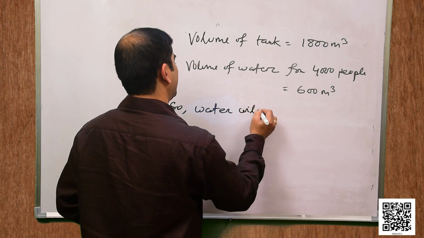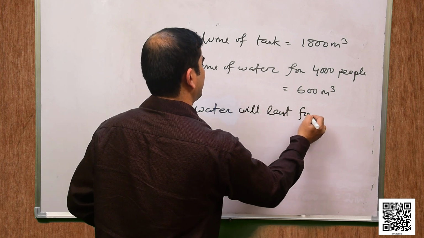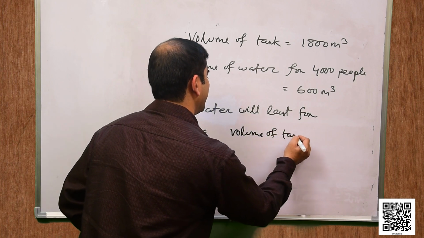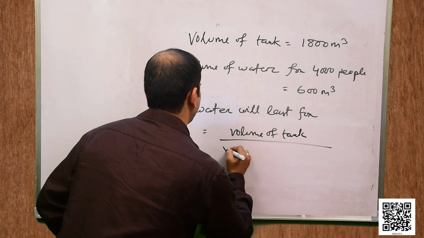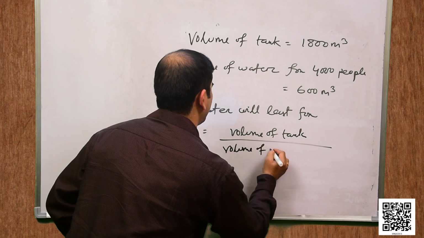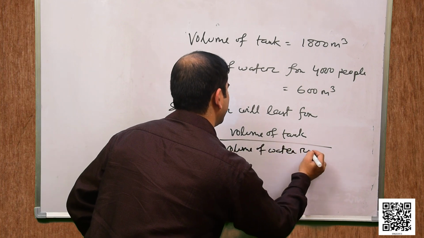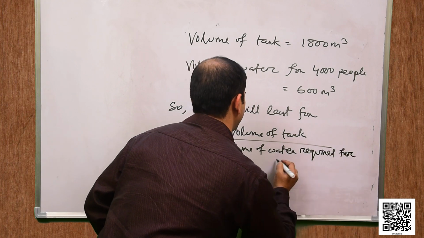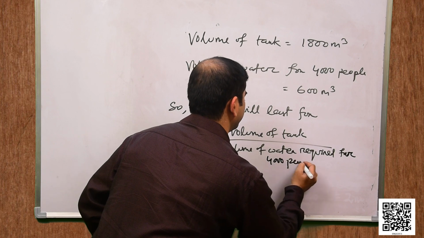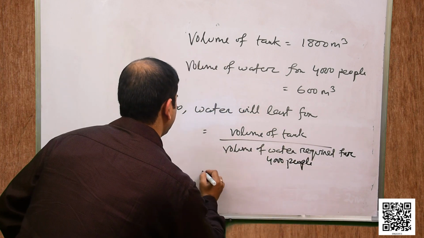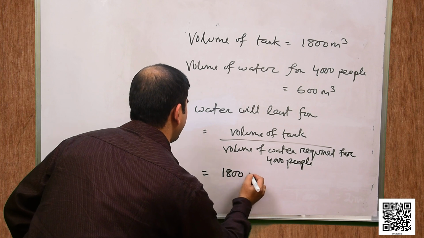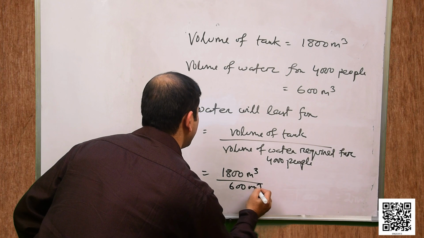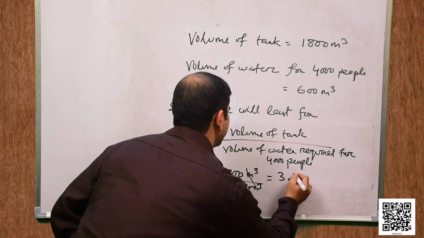Water will last for volume of tank divided by volume of water required for 4,000 people. That is equal to 1800 meter cube divided by 600 meter cube, which is 3 days.